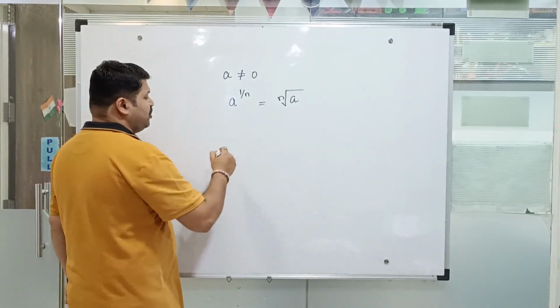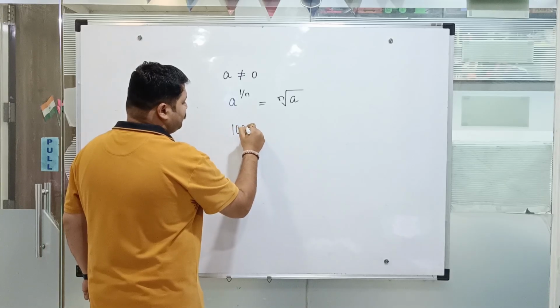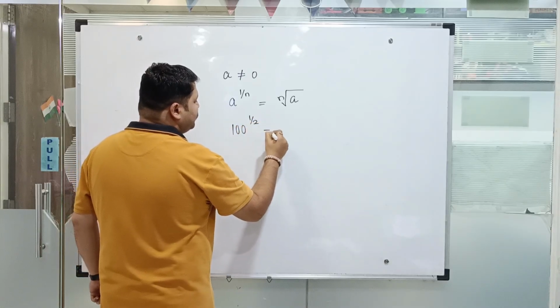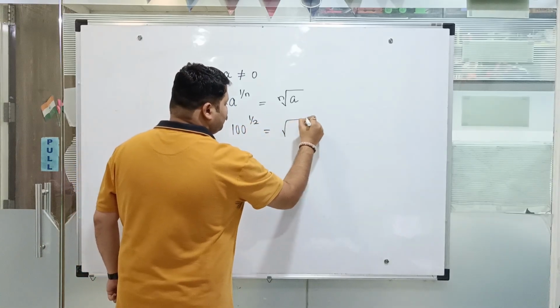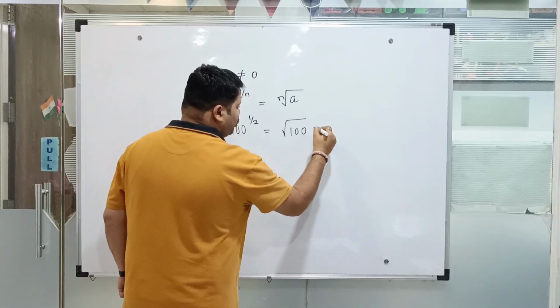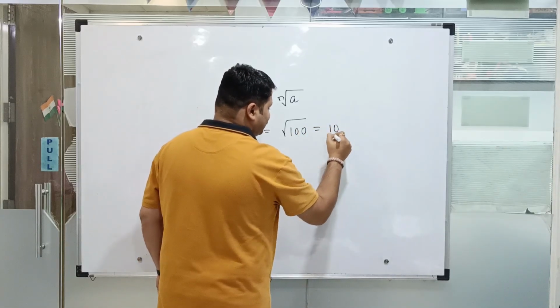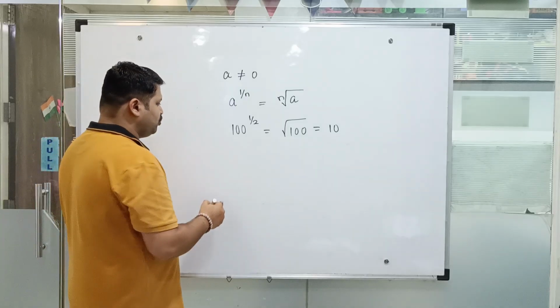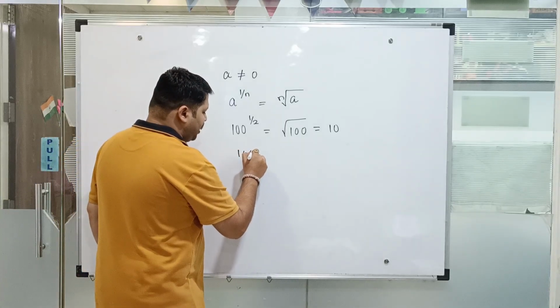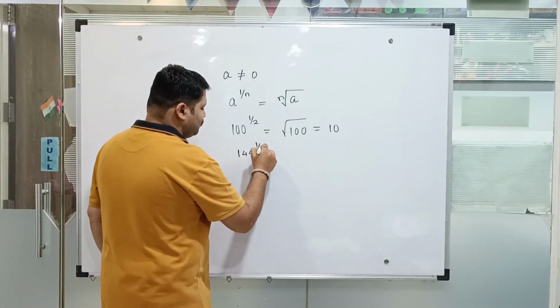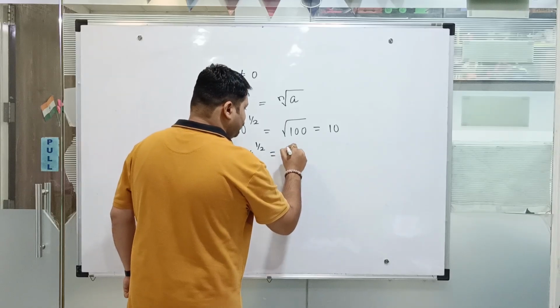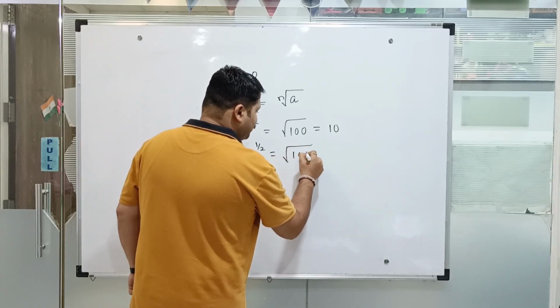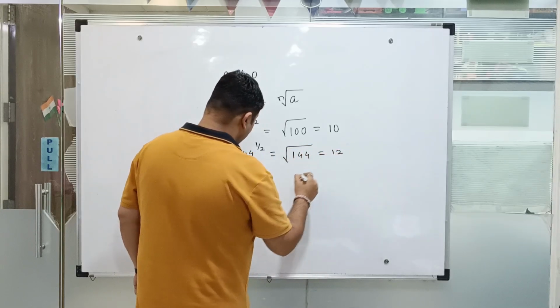Say suppose we have 100 and we take it to the power of a half, then it would be the square root of 100. So it would come to 10. If we take say 144 and we raise it to the power of half, then we take a square root of it. So it would be the square root of 144 giving me 12.